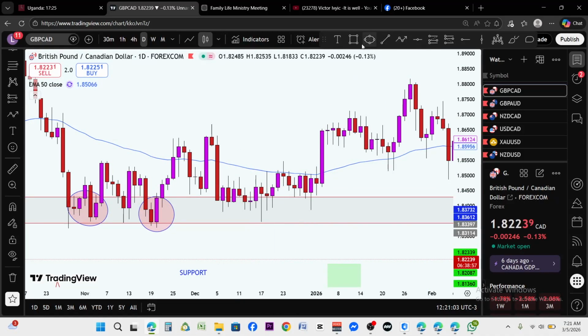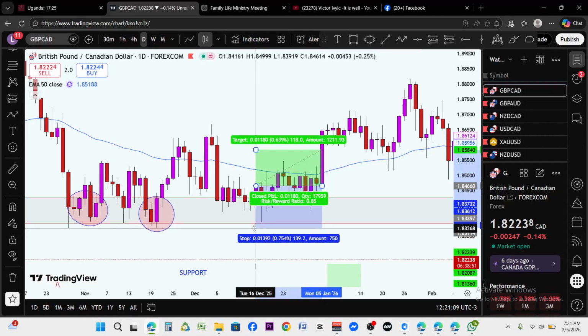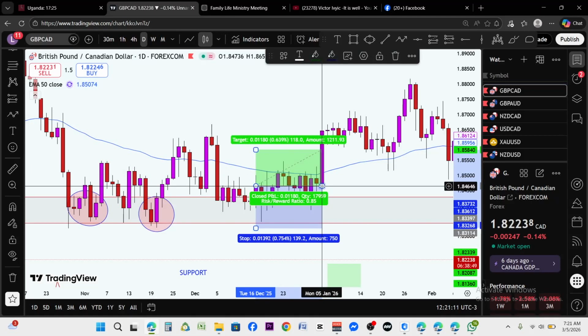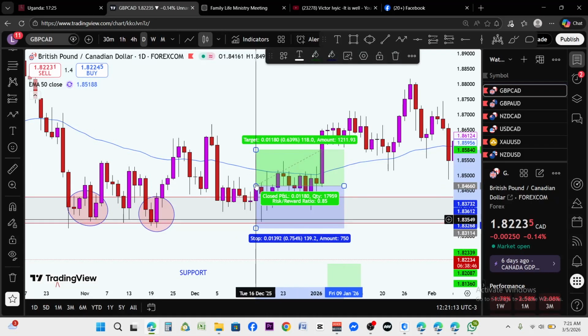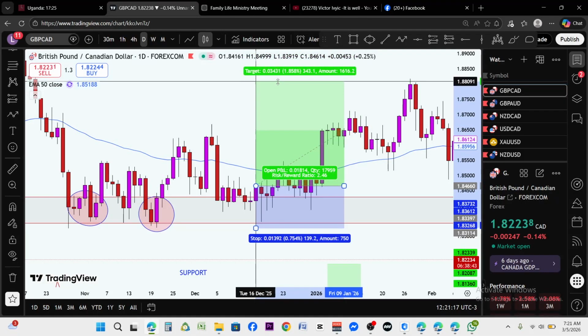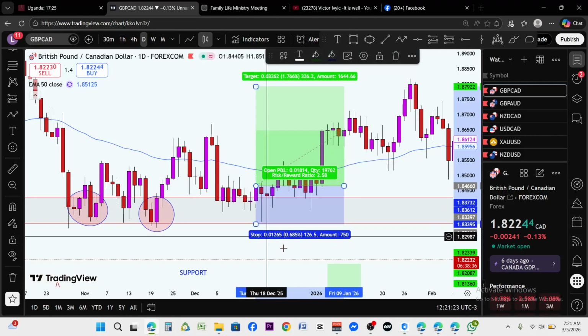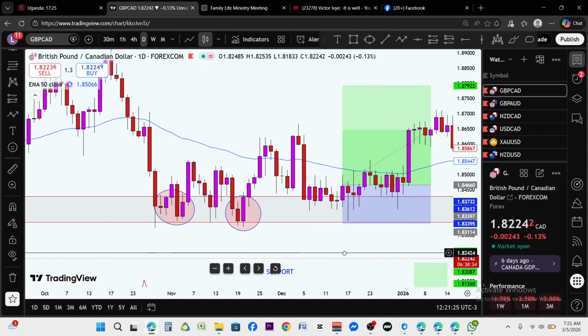This is support. I can enter here, put my buy here, my stop loss below the support, and target 2:5.